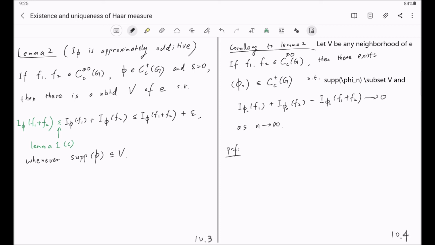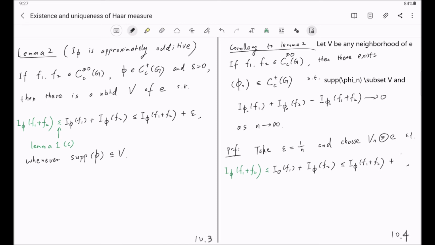So what we do is that for those fixed f1 and f2, we take epsilon equal to 1 over n in lemma 2, and choose v sub n, an open neighborhood of E, correspondingly, such that this inequality holds for phi equal to some phi sub n whose support is contained in v sub n.